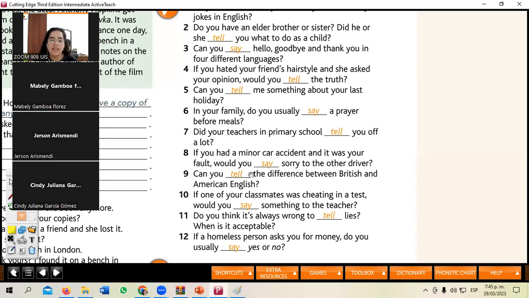9, can you tell the difference between British and American English? Acá después encontrar la diferencia. Aquí el tell tiene otro significado, que sería encontrar las diferencias o diferenciar. Tell the difference between British and American English. 10, if one of your classmates was cheating in a test, would you say something to the teacher? ¿Dirías algo al profesor?